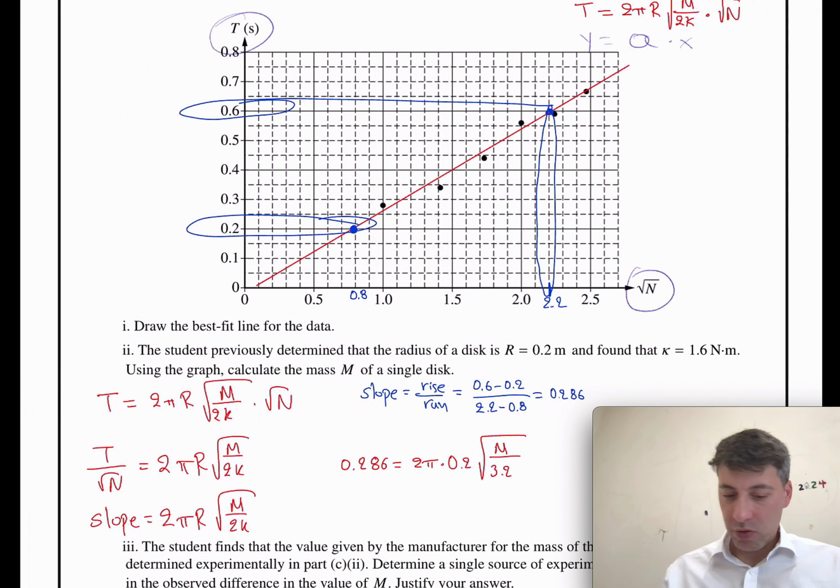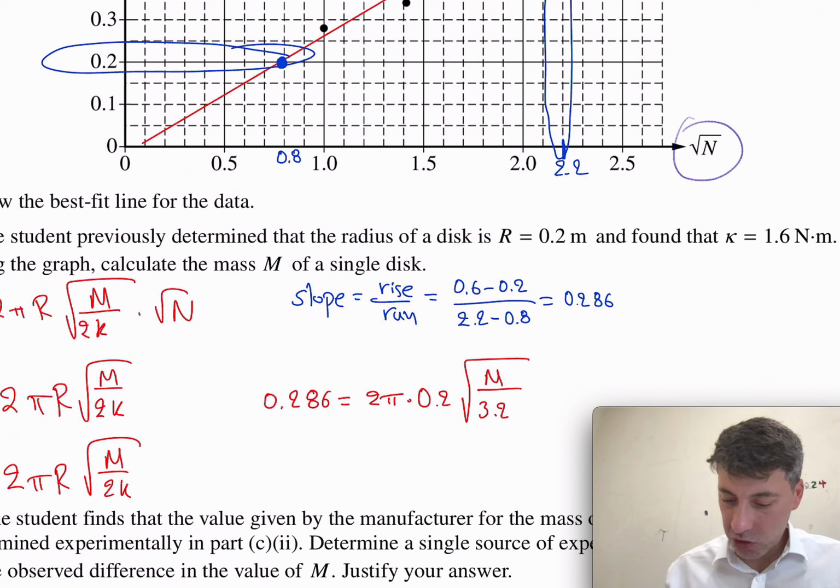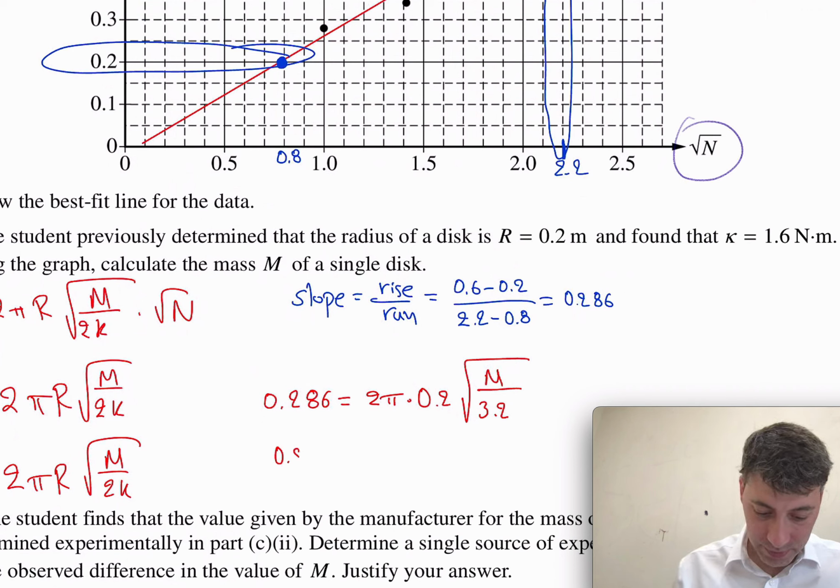Now, first thing that we'll do is divide by 2 times pi times 0.2, so 0.4 pi. The result is 0.227, equal to root of mass over 3.2.